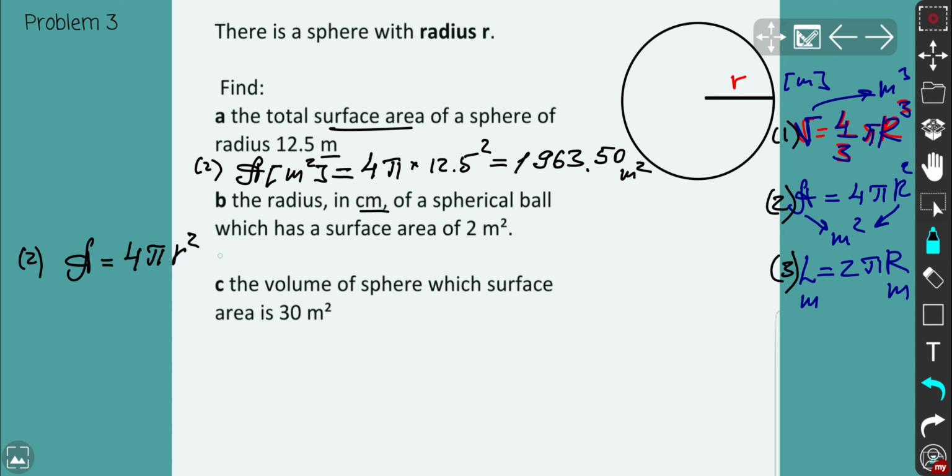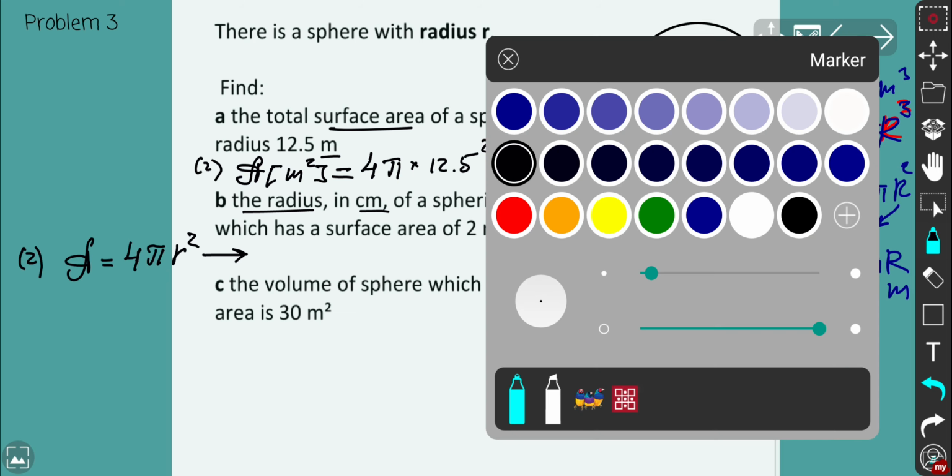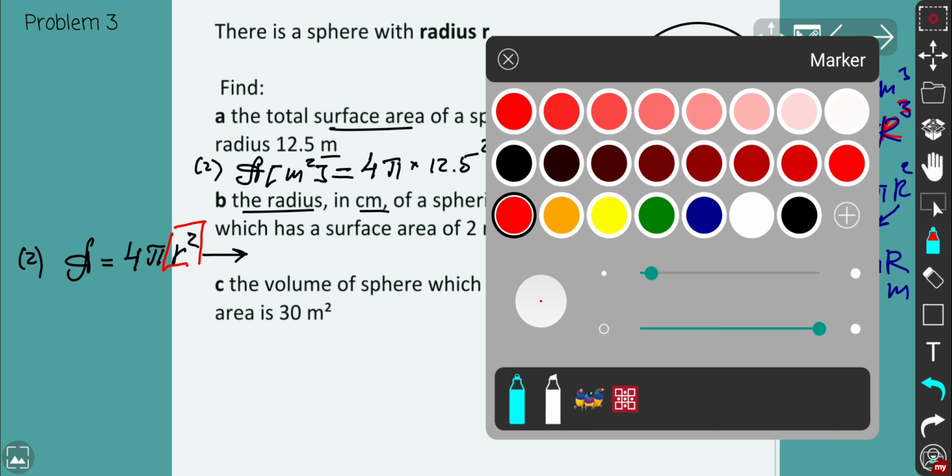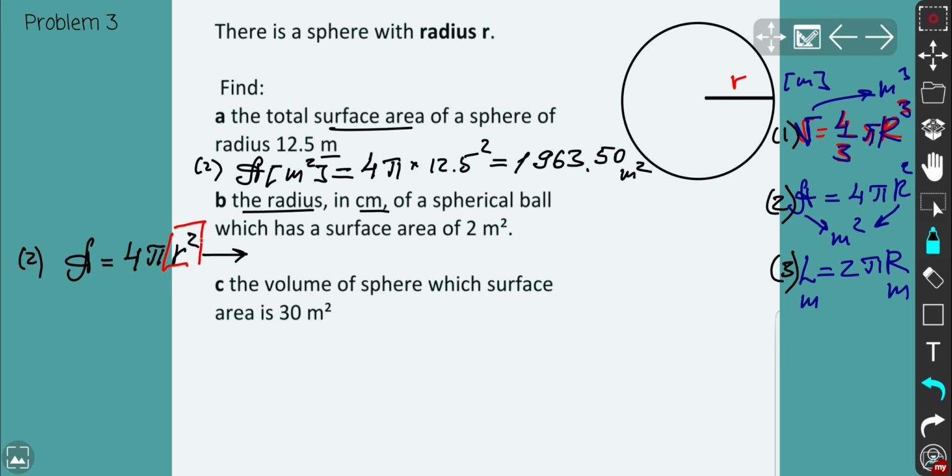First, rearrangement, because you need to find the radius. We already did this. So that's your radius: you simply express r squared first, and then take the square root of the expression. So r squared is going to be A over 4 pi, and then you simply take the square root of that. So that's your formula, okay?